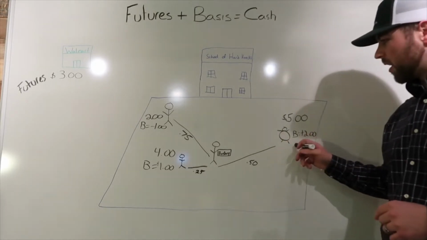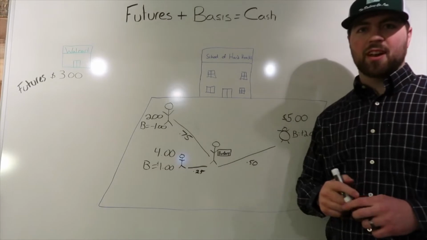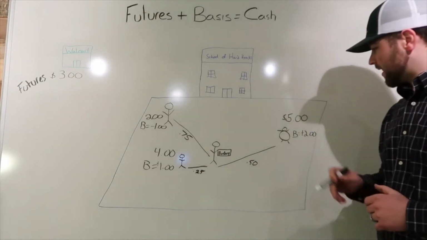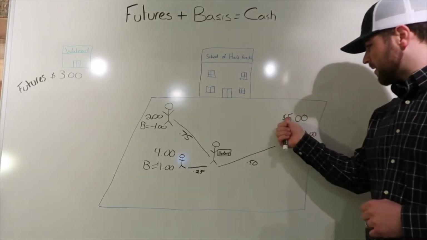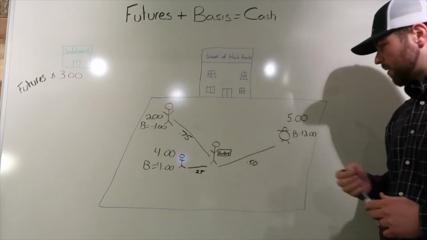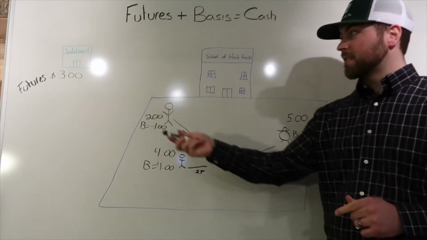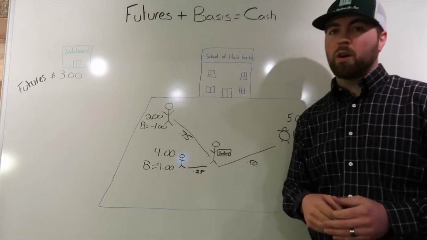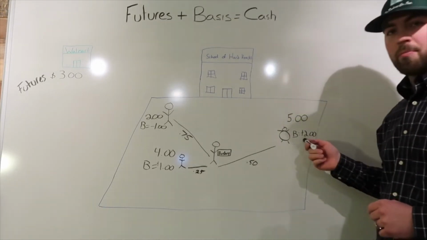He's a big old boy, and he certainly likes Hershey's chocolate bars. He's going to pay you $5 for that Hershey's bar, and that's $2 over what Walmart sells them for, and that's going to be your basis.